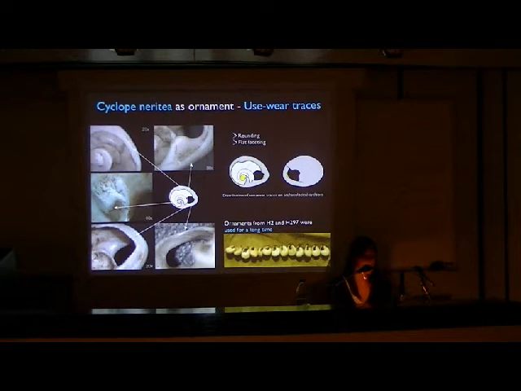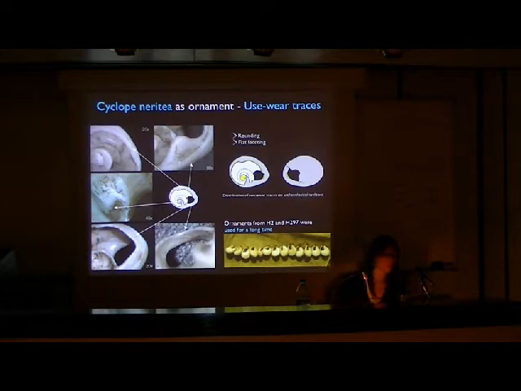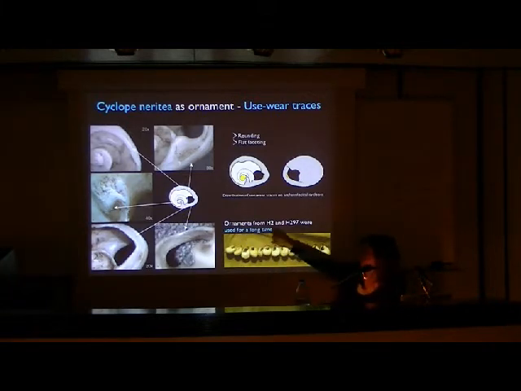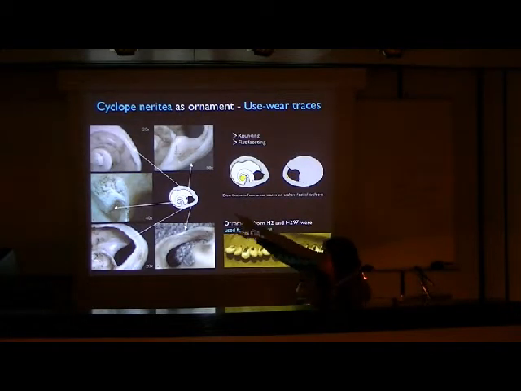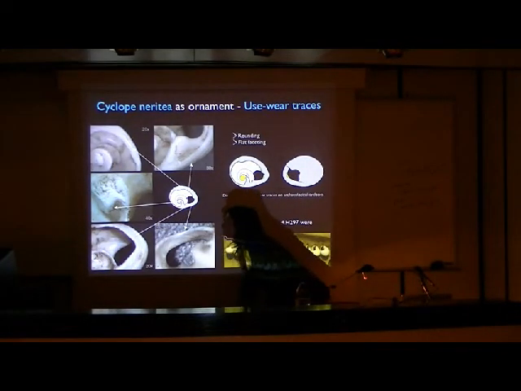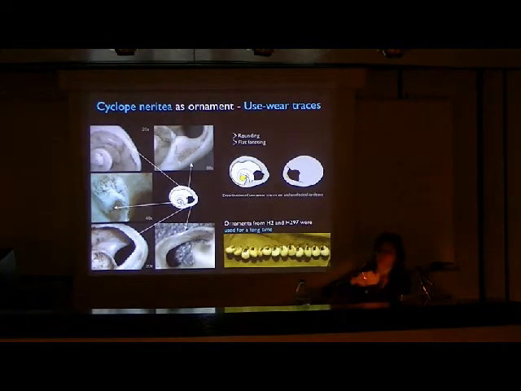Again, use-wear traces were confirming this, and the distribution of the use-wear on this plot was showing that they were used upside down, and it was the white part which was actually shown. This was confirmed not only by the rounding of the edges, but also by this specific flattening of the apex left from this shell.